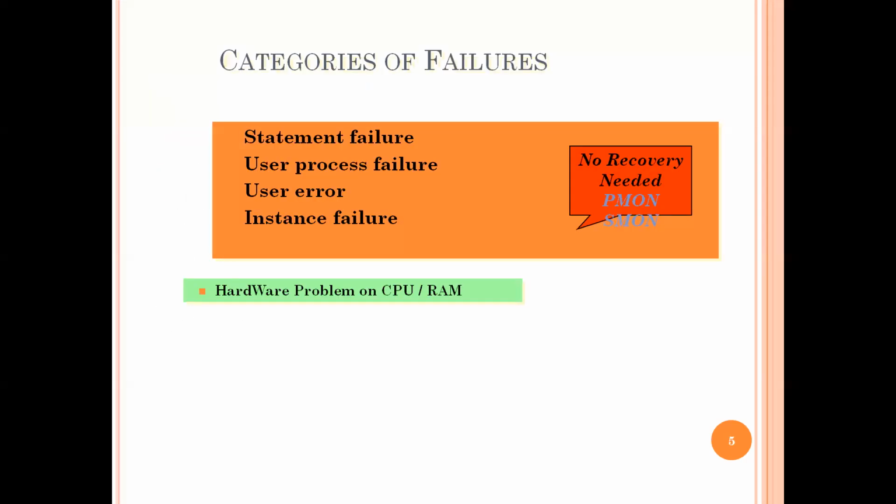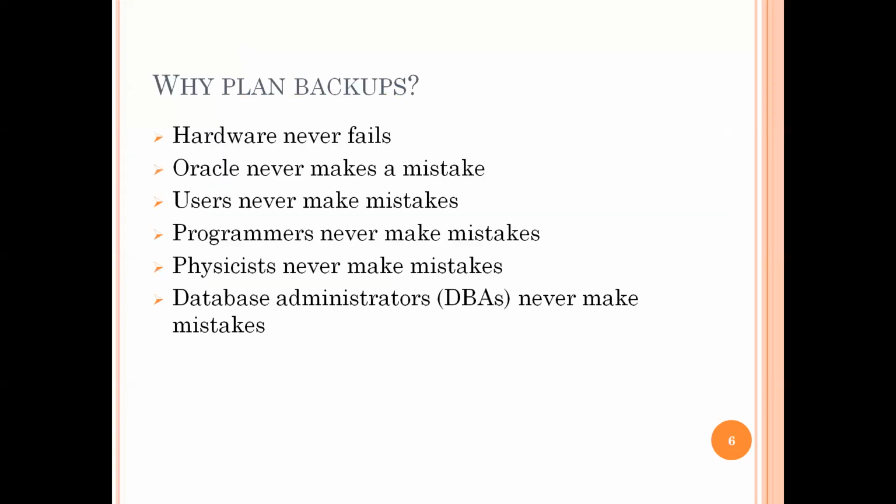Okay, so these are the different kinds of failures which might happen. Now, why do we need backups? In a technical world, if nobody made any mistakes, if everything was without any typos or misconceptions, then we would not have required backups. Everybody makes mistakes. So the strategy we have to make sure that these mistakes can be fixed is the necessity for taking a backup.